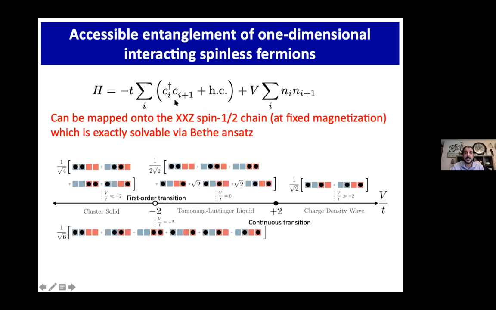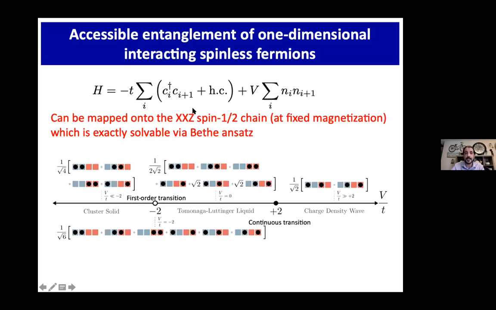So we're going to look at the fermionic Hubbard model, or what's known as the t-V model, related to the parameters where we have a hopping parameter t and interaction strength V. We allow only hopping to next neighboring sites, and also interaction between nearest neighbors in the system.